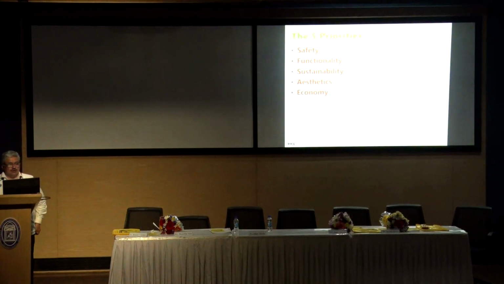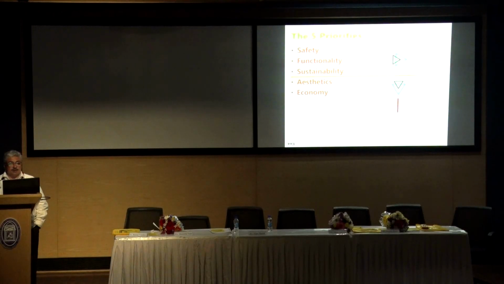And so we need to look at what our priorities are. Safety, functionality and sustainability are three items that we cannot negotiate, cannot compromise today. Standing in 2024, we cannot afford to have any compromise on these three items.